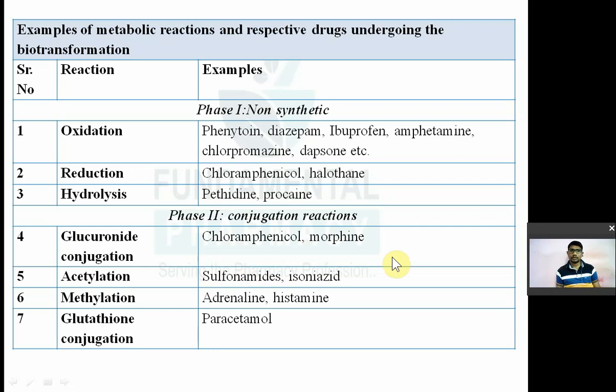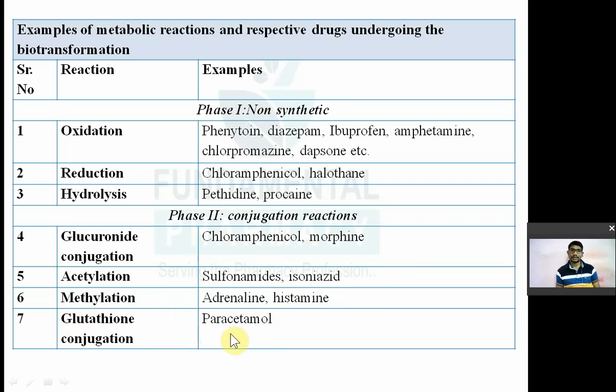Chloramphenicol, morphine and a few other drugs undergo glucuronide conjugation. Sulfonamides and isoniazid undergo acetylation. Adrenaline, histamine and other amines undergo methylation. Paracetamol is an example detoxified by glutathione conjugation.